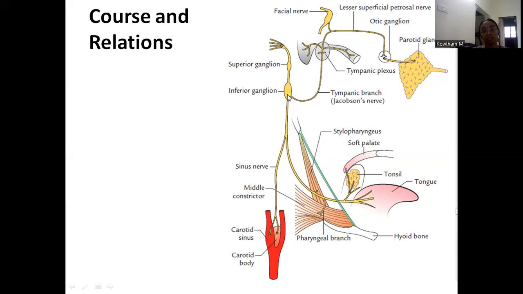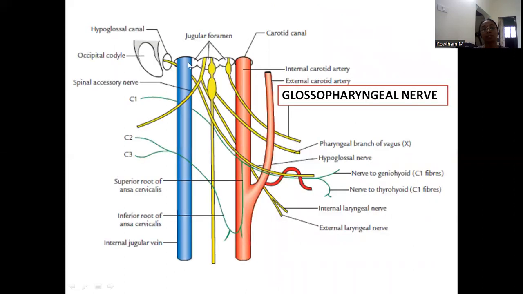Then this main trunk passes between, see here, this is the jugular foramen, this is the internal carotid artery, and the internal jugular vein. So this is the glossopharyngeal nerve. It enters between the internal carotid artery and the internal jugular vein after emerging from the base of the skull.